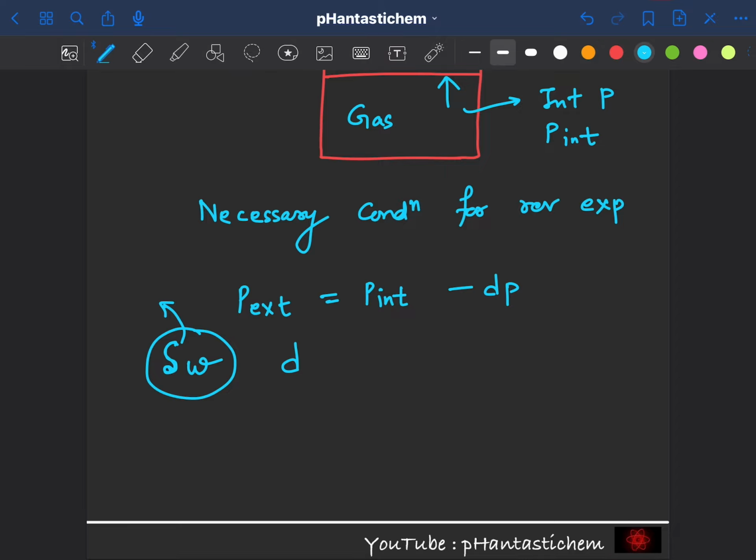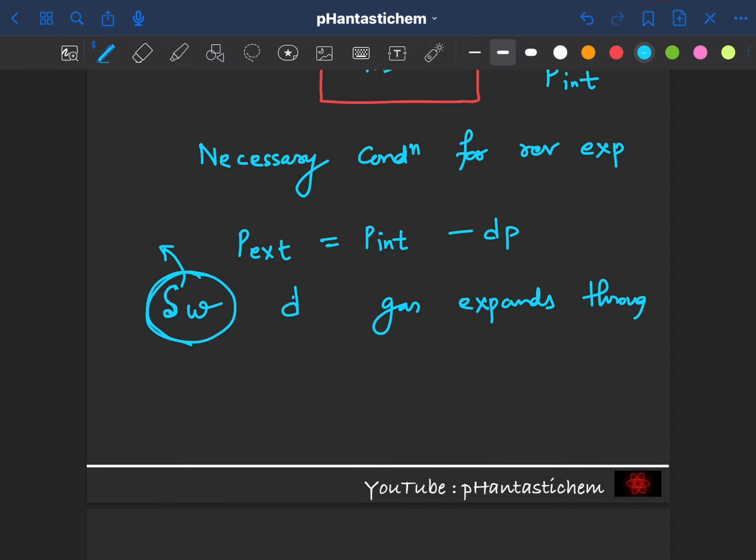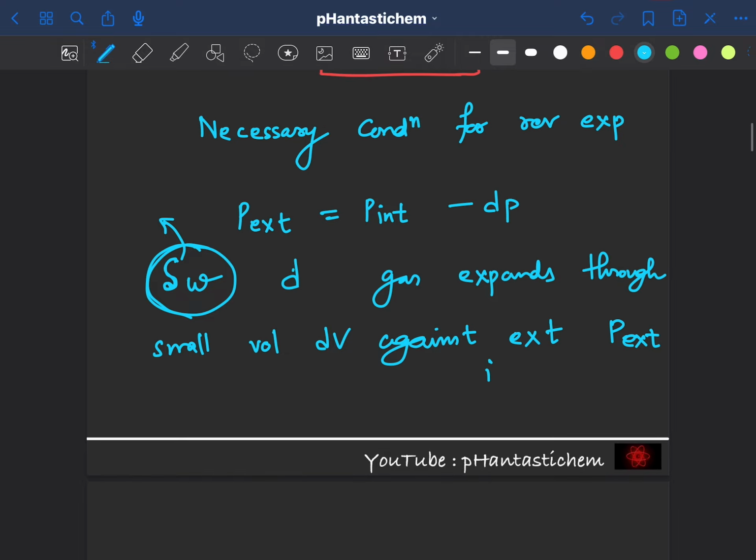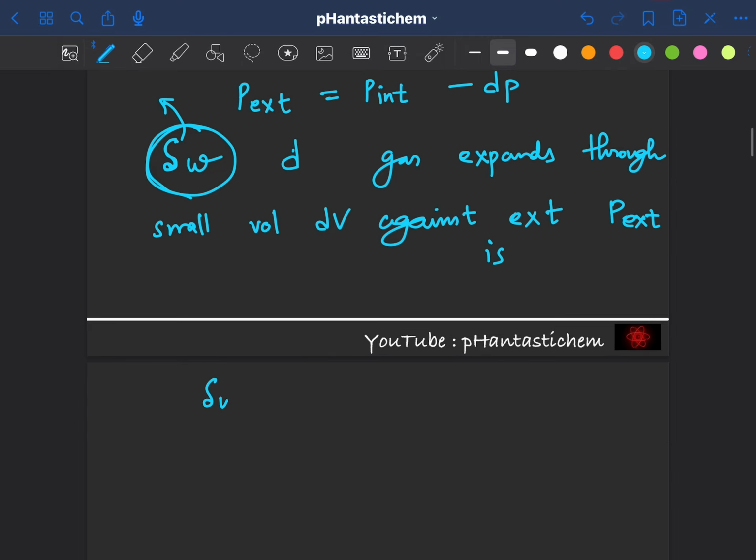When the gas expands through a small volume dV against the external pressure P external, the work done is dou W is equal to minus P external into dV.